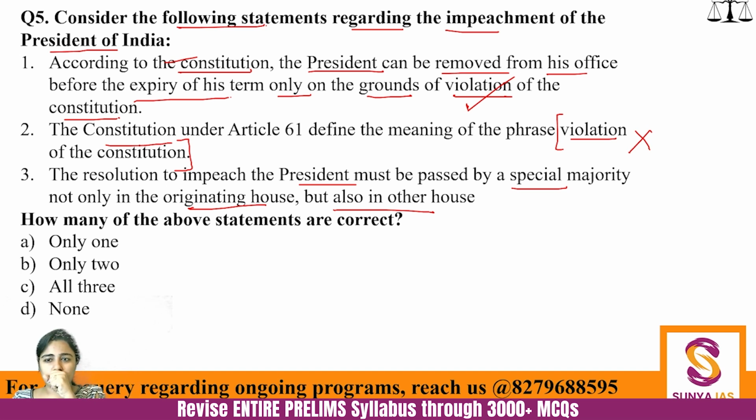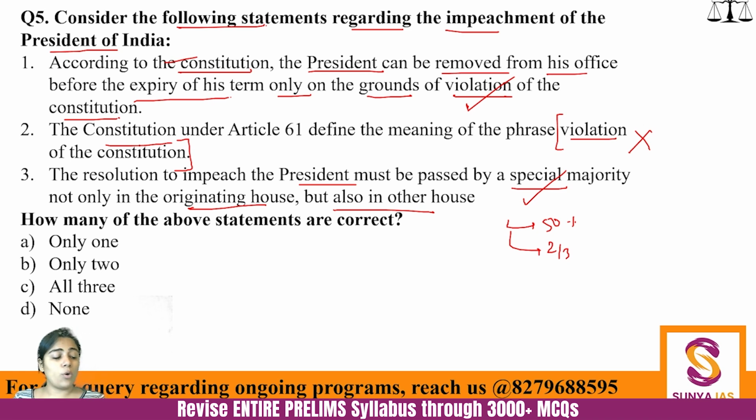So that is not the case for the American president, but for us, it is only the violation of the Indian Constitution. Now, the third one is the most important. The resolution to impeach must be passed by a special majority. Yes. Now, how do we understand special majority? We understand special majority by 50% of total members and 2/3 of present and voting, right?